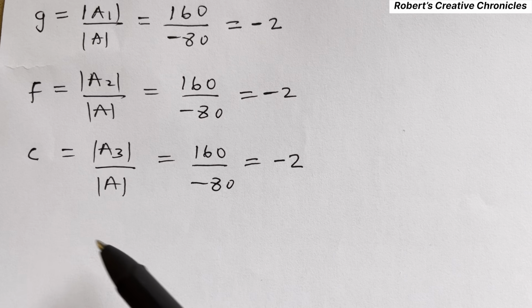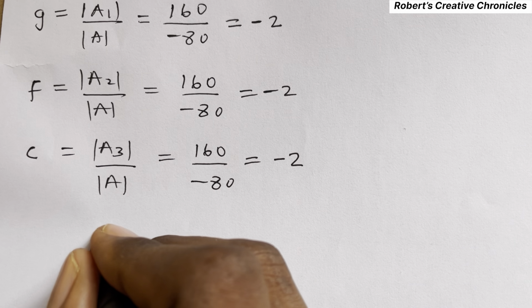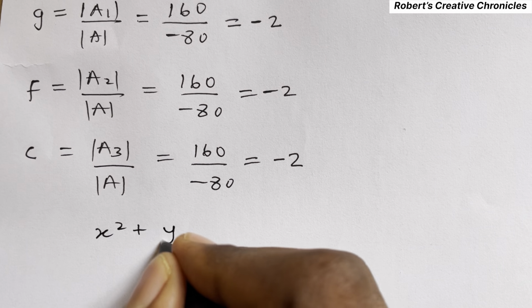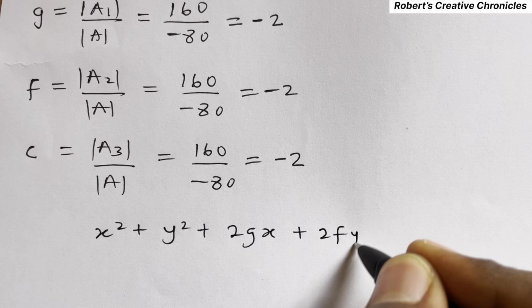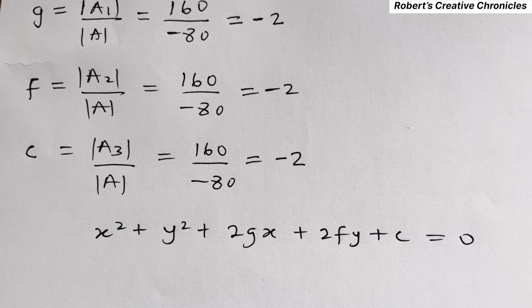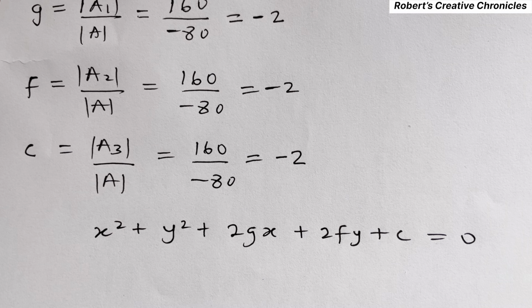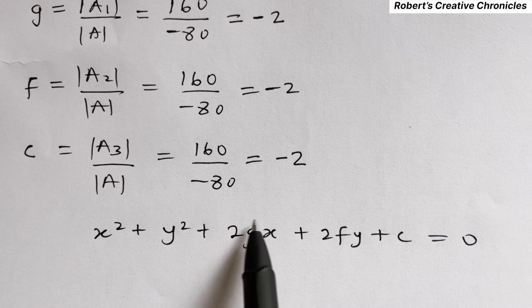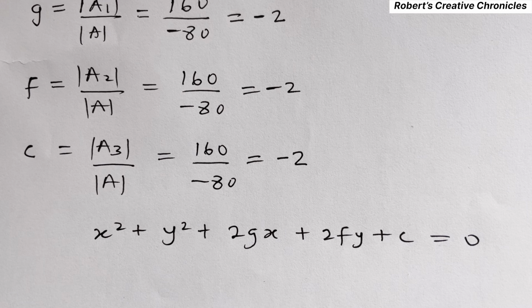We can now substitute them back into the original general equation of a circle, which is this. So now we can substitute G, F, and C here. G and all of them is negative 2.